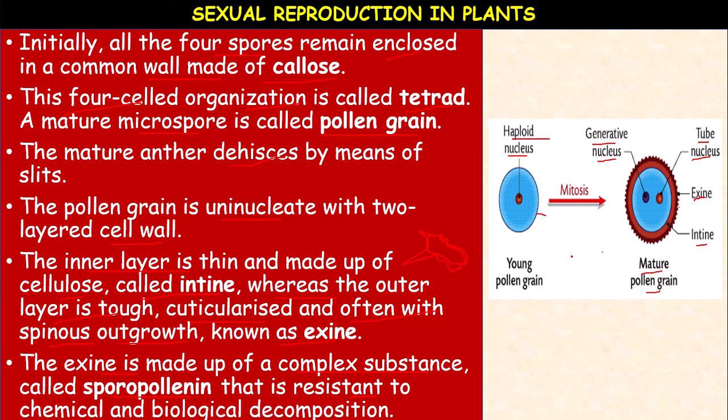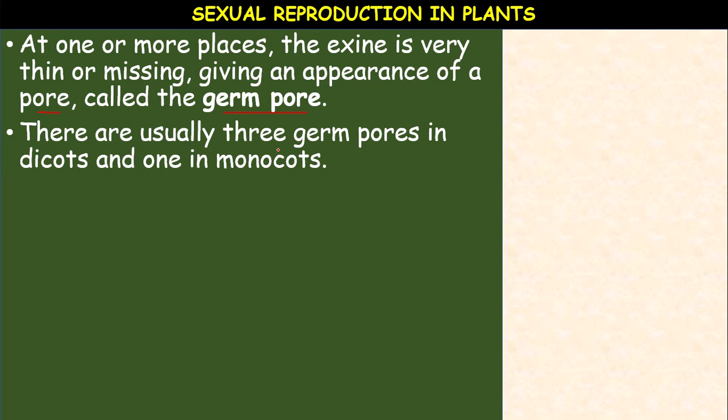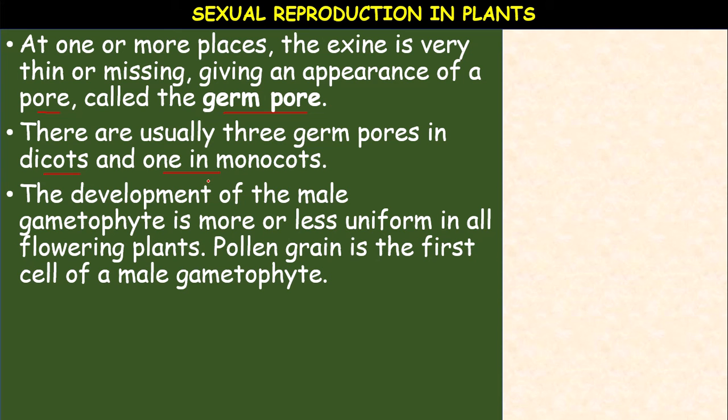The generative cell is small, spindle shaped with dense cytoplasm. At one or more places the exine is very thin or missing, giving the appearance of a pore called a germ pore. There are usually 3 germ pores in dicots and 1 germ pore in monocots.